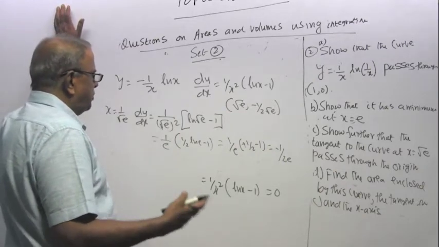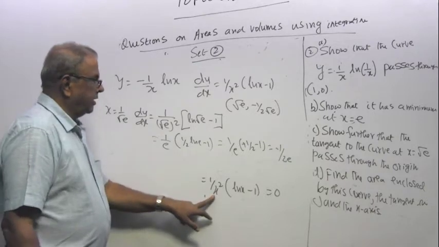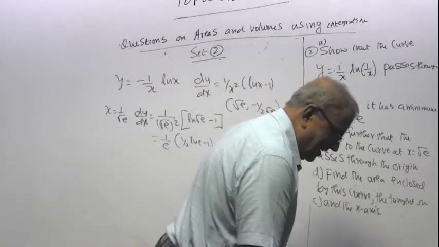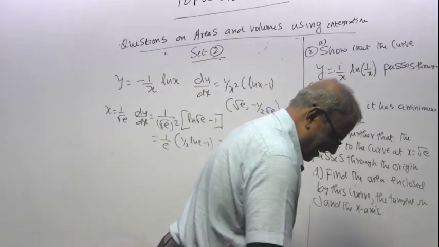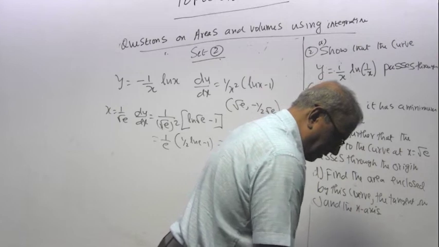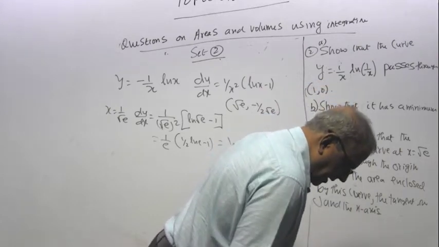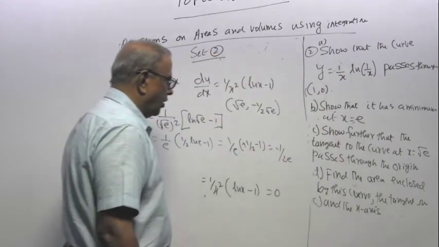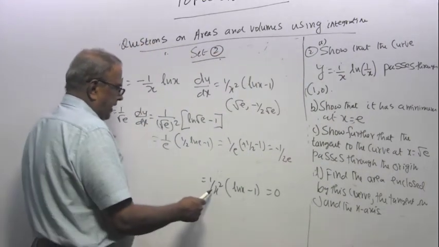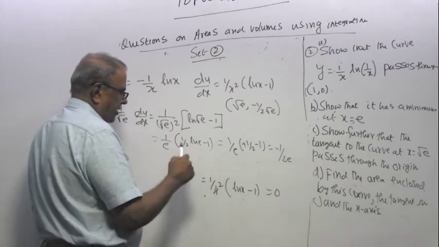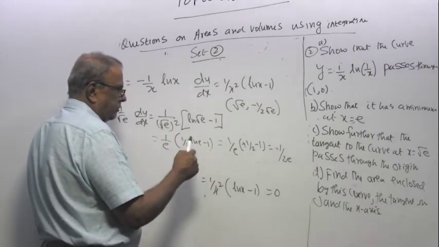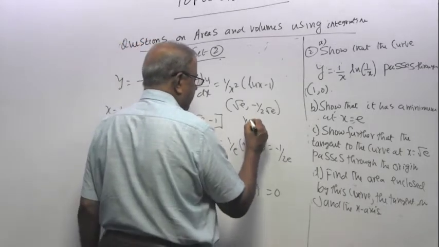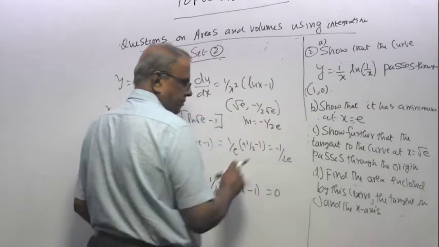I would prefer to put x as root e, 1 over root e whole squared. Have I copied the question correctly? I just want to confirm I've copied the question correctly. The tangent at the point x equal to root e. Okay, so 1 over e, ln root e is half ln e. ln e is 1, half minus 1 is minus half. So minus 1 over 2e. And the gradient is minus 1 over 2e.